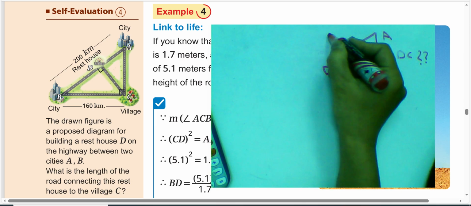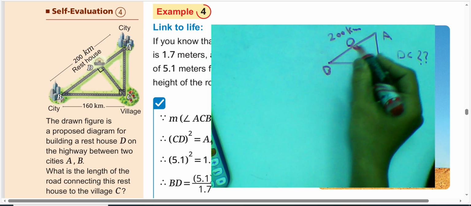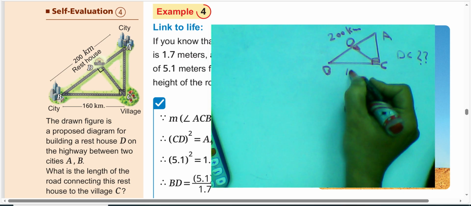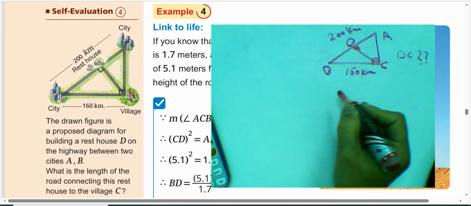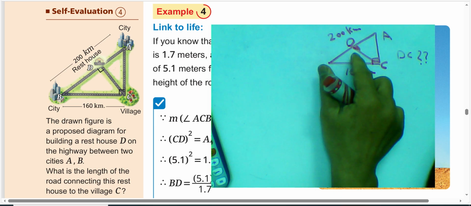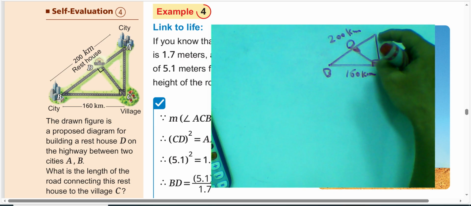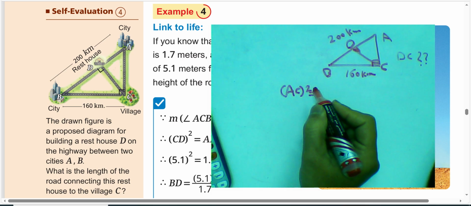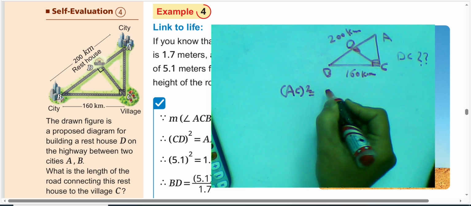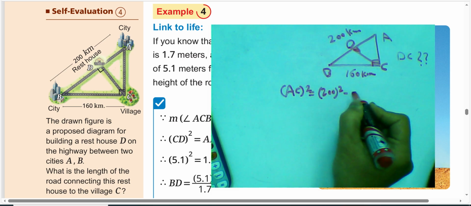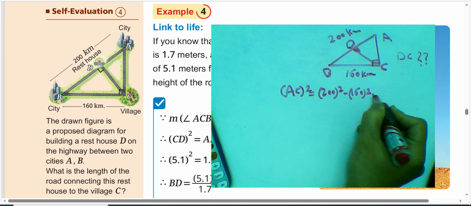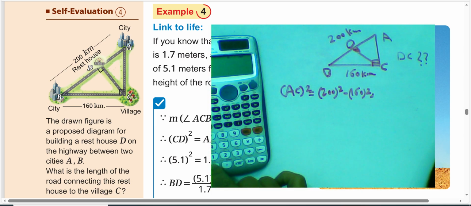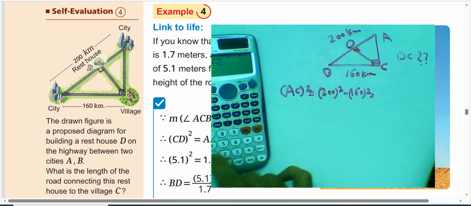Okay, we have here 200 kilometers, the distance between city A and city B, and we have here 160 kilometers. First step to find DC, you can write EC from the Pythagoras theorem. We have EC power 2 equals 200 power 2 subtract 160 power 2. Then EC equals the square root of 200 power 2 plus 160 power 2.